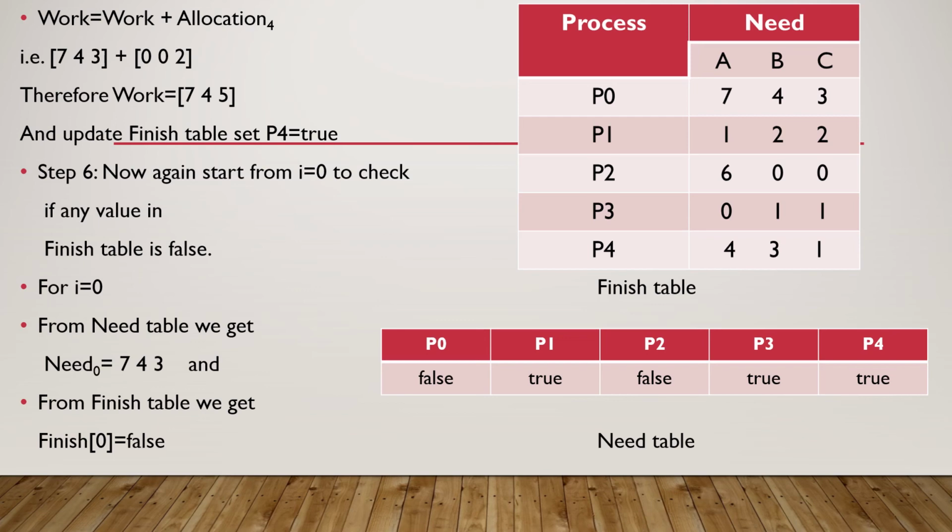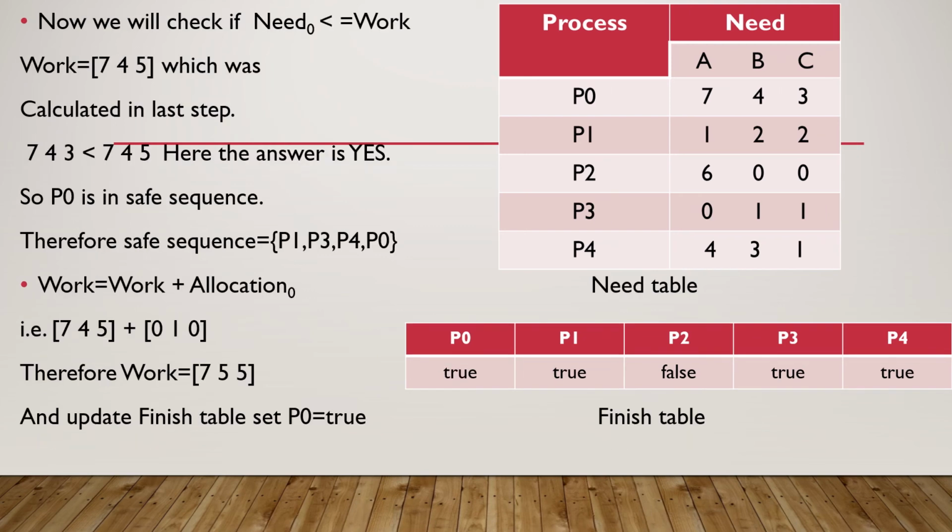For P0 in the finish table, the value is false. So we will check the need of P0. Need of P0 was 743 and the work was 745. Now we will check if need 0 is less than work.